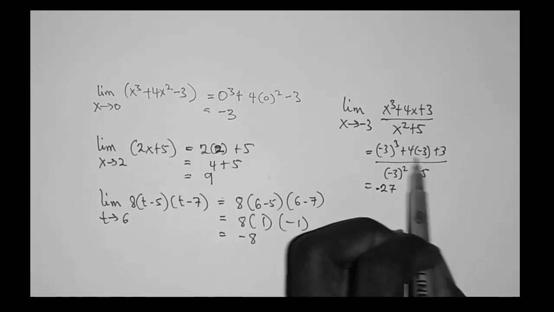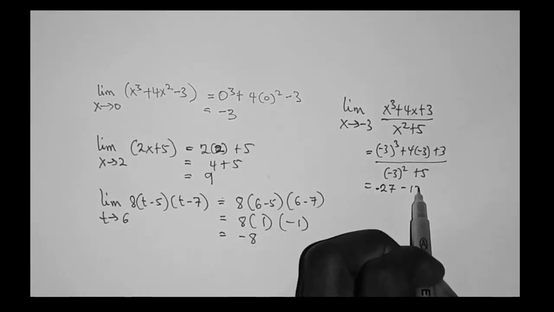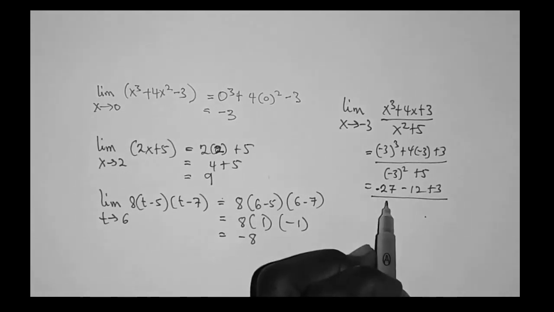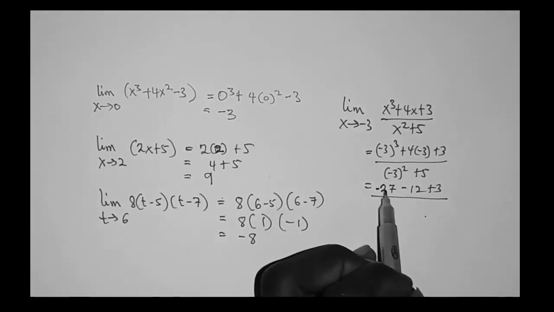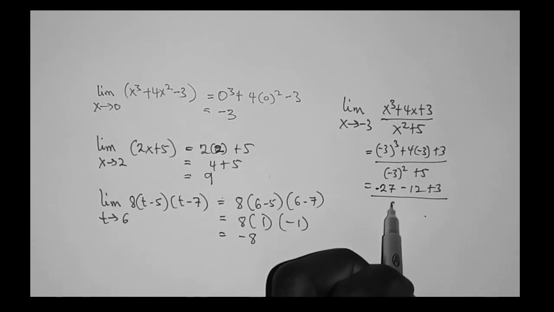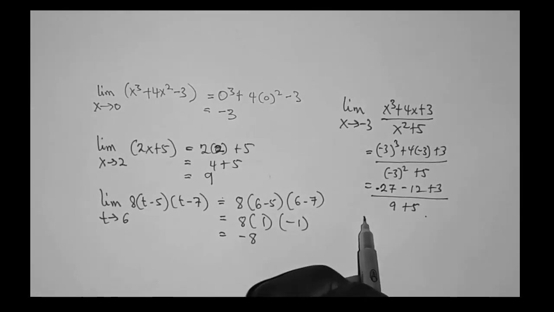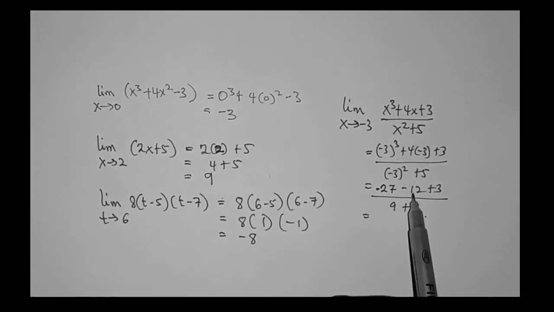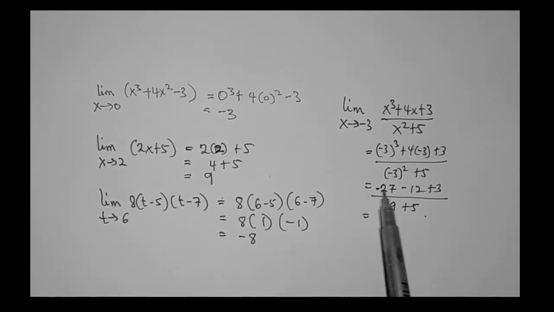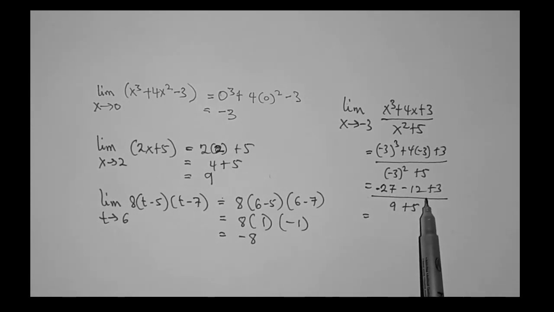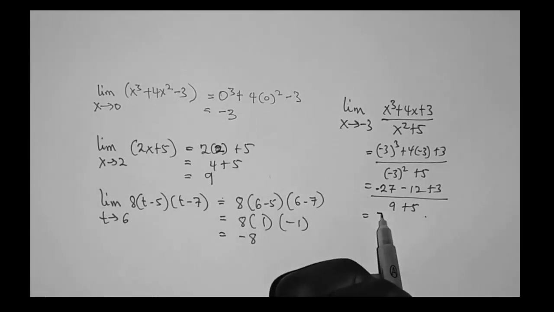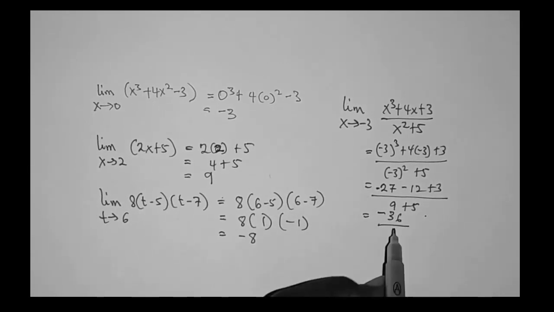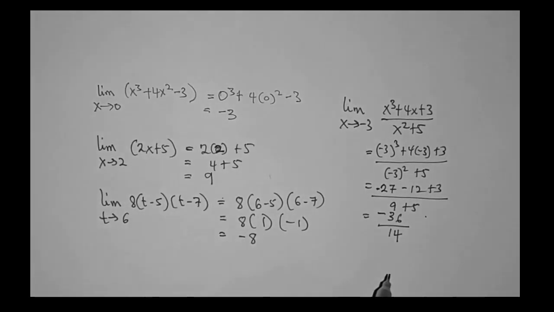Then 4 times minus 3 is minus 12, plus 3, gives minus 9. So minus 27 minus 9 gives minus 36, divided by 9 plus 5, which is 14.